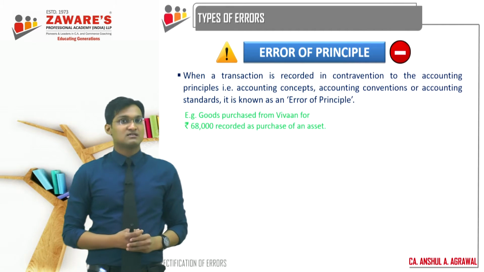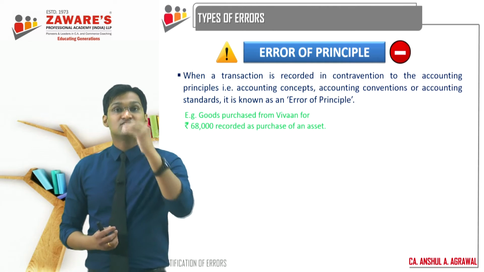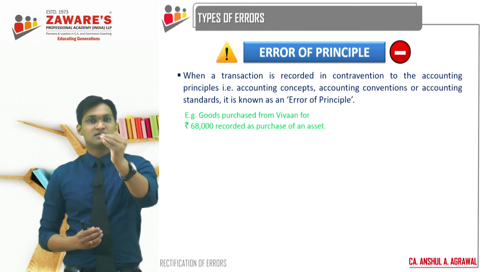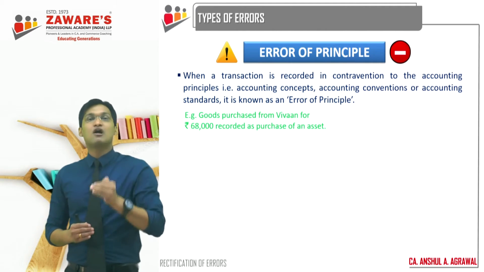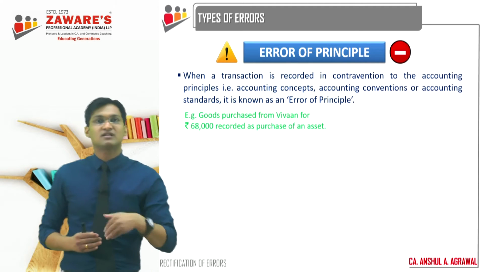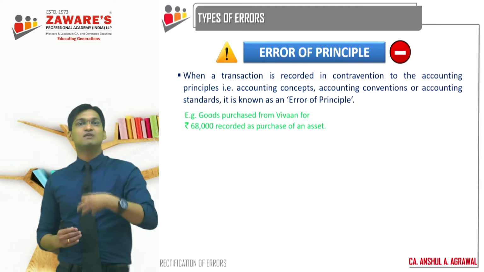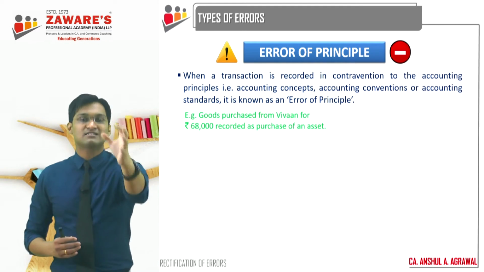That means what? सिर्फ asset खरीदने से ही asset की cost capitalize नहीं होती है, जब तक वो asset working condition में नहीं आ जाती है. Till the time that asset doesn't reach its working condition, it's not ready for commercial production and exploitation, all the cost incurred on that asset should be capitalized, added to the cost of that asset.